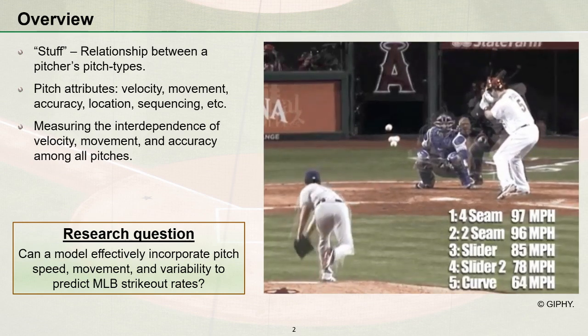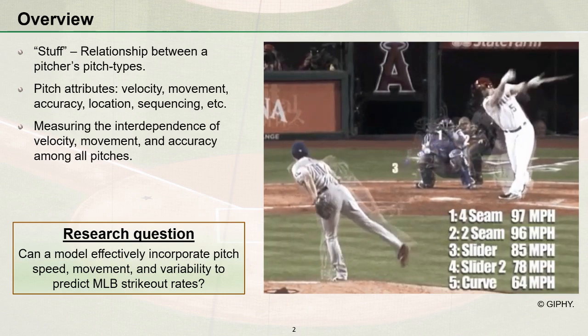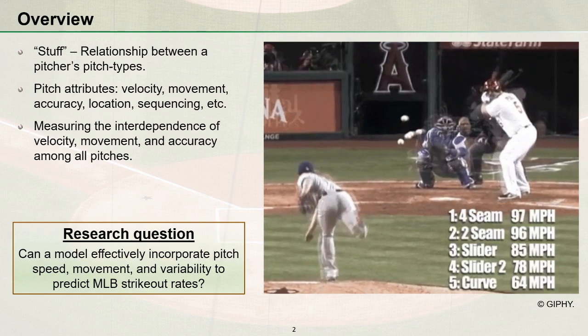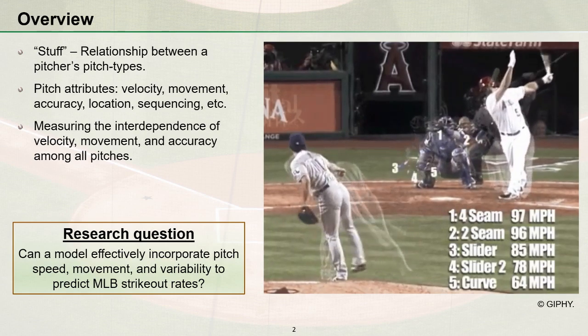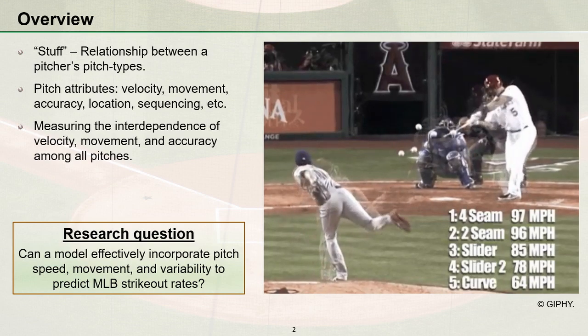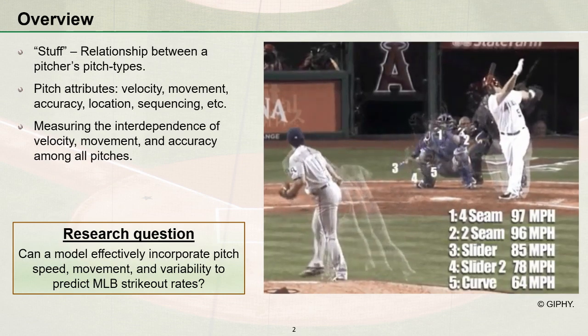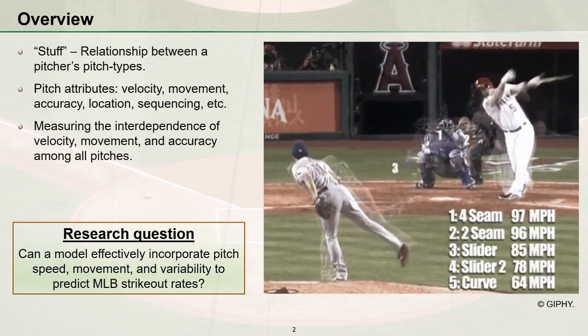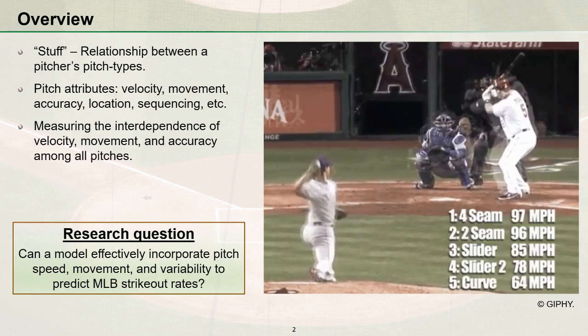On the right, we see a superimposed video of Yu Darvish throwing different pitch types. The difference in movement and velocity among his pitches are immediately apparent. More broadly, we know there's a strong relationship between the velocity of a pitcher's fastball and his strikeout rate. But what about the relationship between the different pitch types?